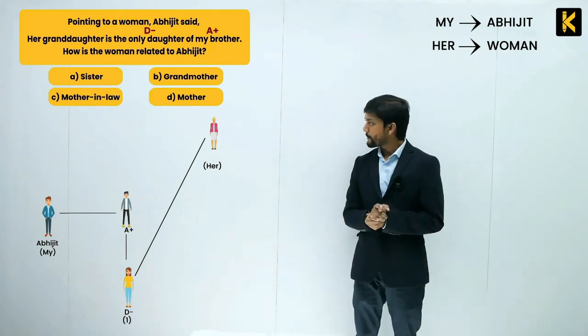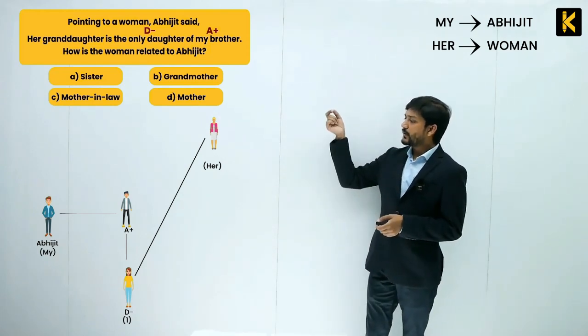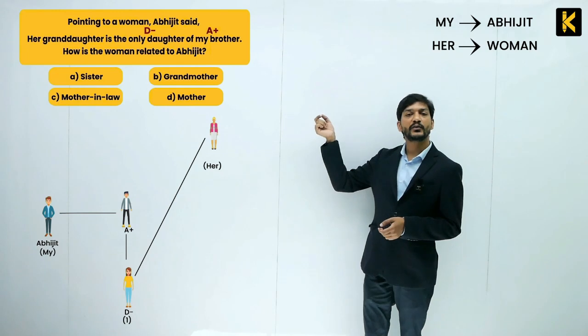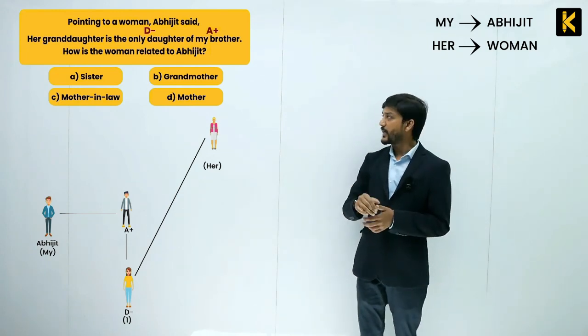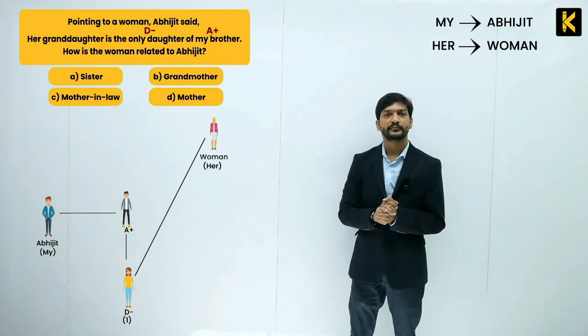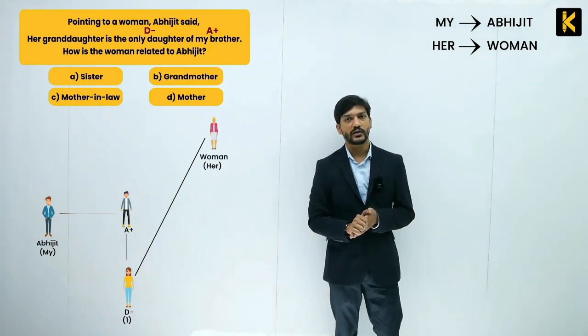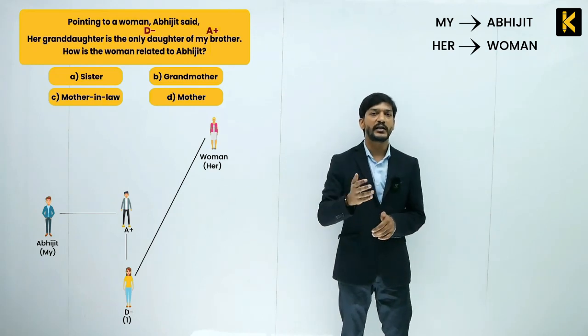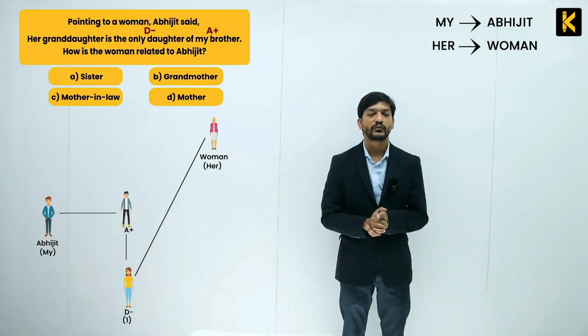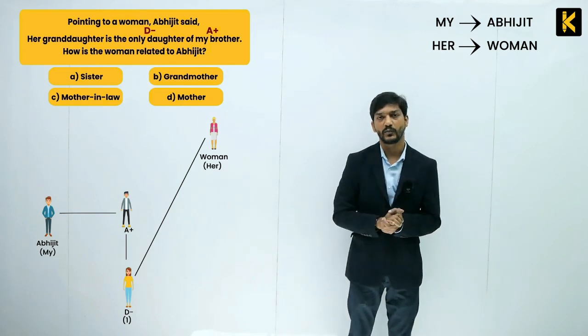Alright. Now, this her is actually the woman Abhijit is talking about. So that person on the top side is the woman Abhijit is talking about. So let me write woman, and that woman itself is telling you that she is the woman which Abhijit is talking about.